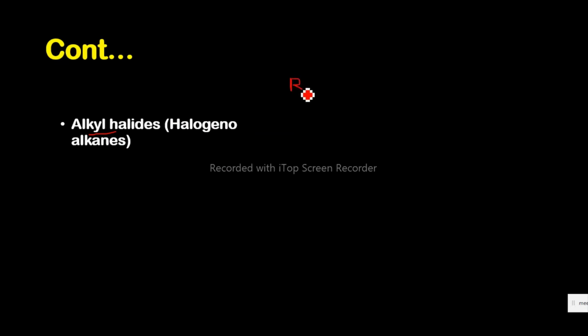And for these, if this is the alkyl, then the alkyl is attached to a halogen. This halogen, the X, can be chlorine, bromine, or iodine, but it can't be fluorine. Why?